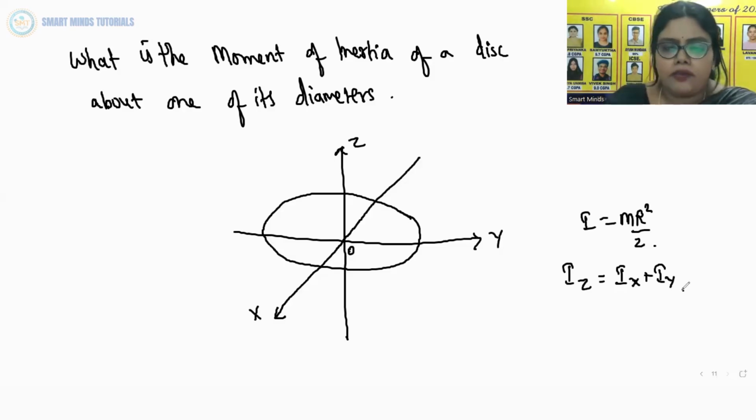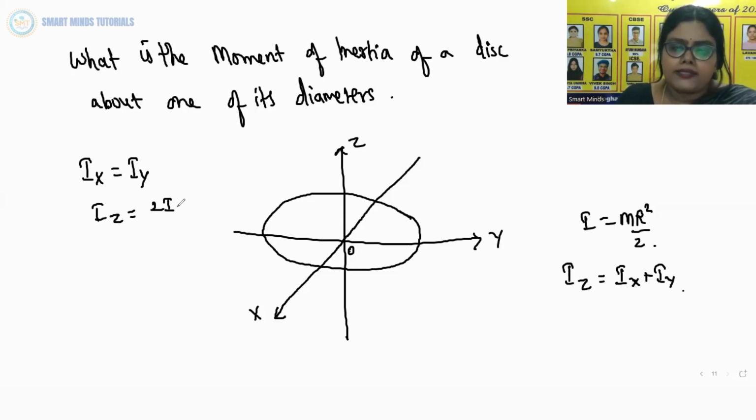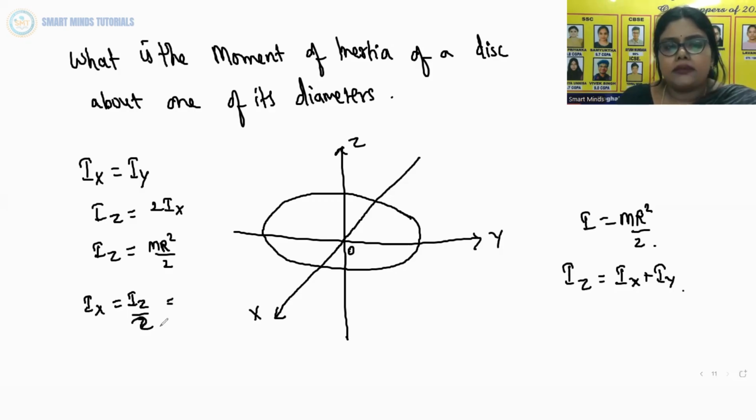Now x and y axis are along two diameters of the disk, and by symmetry, the moment of inertia of the disk is the same about any diameter. So we can say Ix is equal to Iy, Iz is equal to 2Ix, and Iz is equal to MR square by 2, so Ix is equal to Iz by 2, that is MR square by 4.